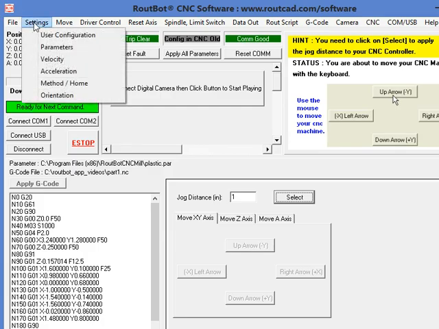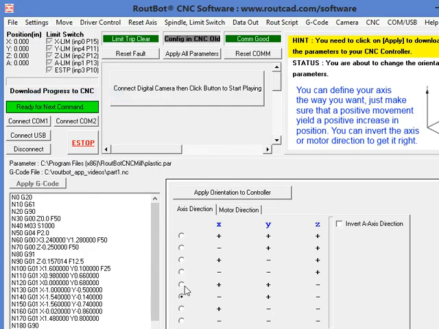Then you go back to your settings and orientation. Let's say the position on the x-axis increased to a positive value. That means when the CNC moves in the positive direction, the position also increases in the positive direction, which means it's okay. Same thing for y. When the CNC moves in the positive y direction, your position also increases in the positive y direction.